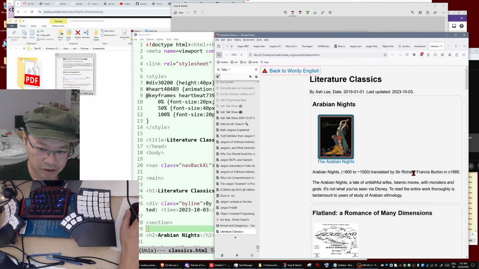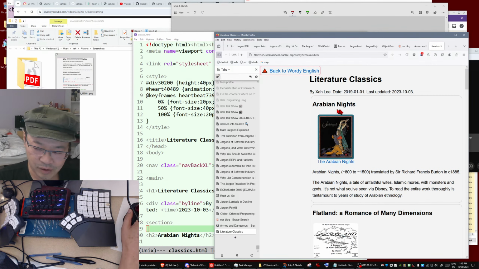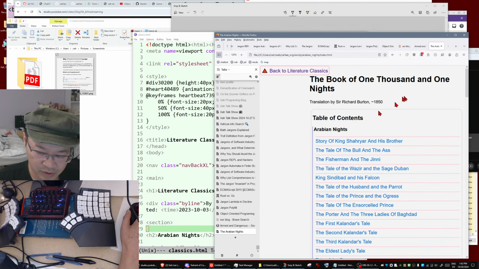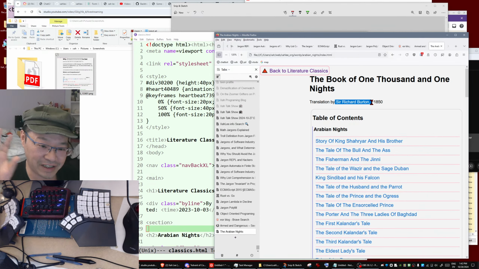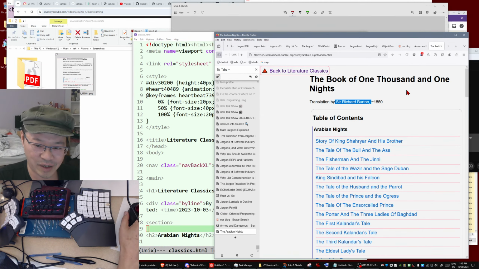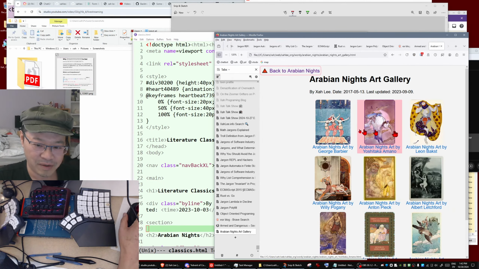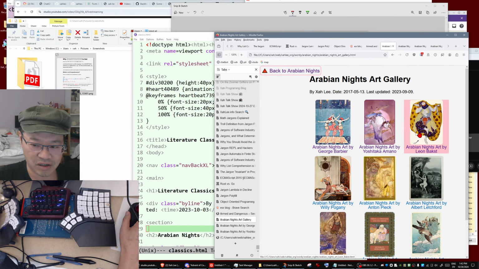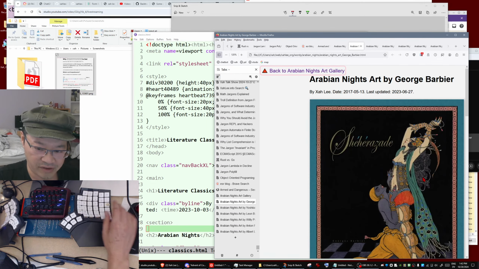I have a collection of literature that I liked and annotated, including Arabian Nights, the original, translated by Sir Richard Burton, not a Disney thing. Disney's Arabian Nights 1001 Nights is completely a different thing. If you want to know the nature of Arabian Nights, these are it.